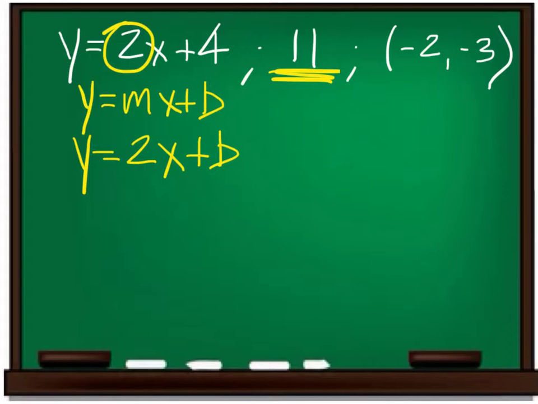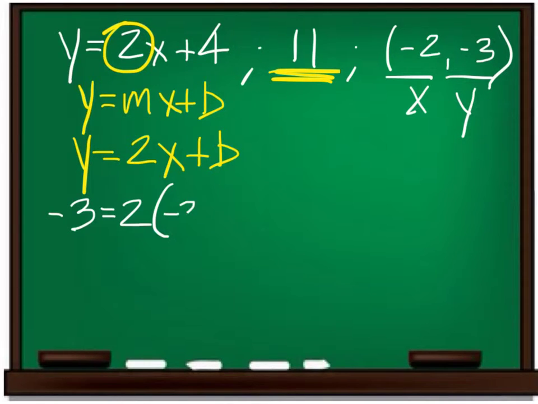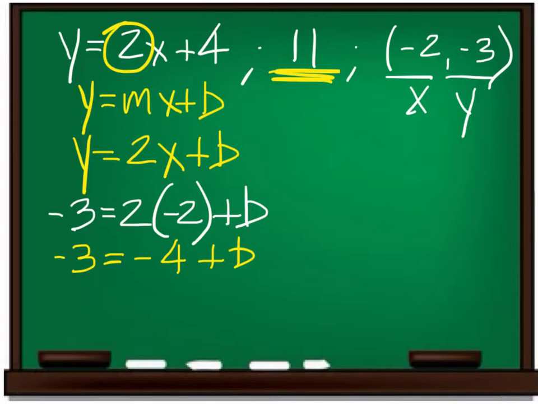After that, you must plug in the point negative 2, negative 3. Remember, that's x and y. So negative 3 would go here, and the negative 2 here. Once you have plugged in that point, you must solve for b. 2 times negative 2 is negative 4, and then that negative 4 must be moved to the left to become plus 4.